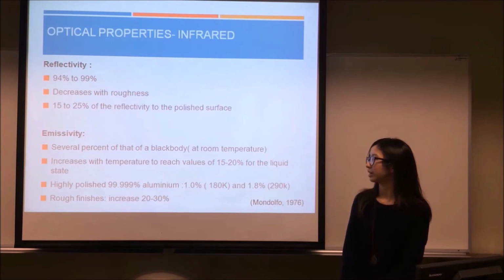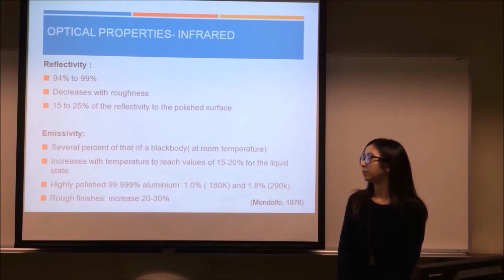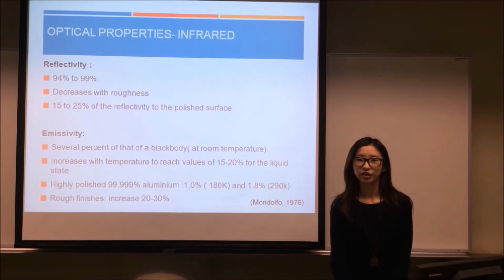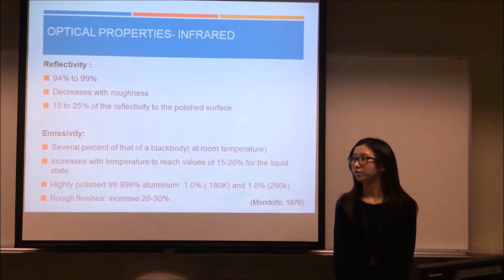For the liquid state, the highly polished 99.99% aluminium is recorded to have a reflectivity of 1% at 180 K and 1.8% at 290 K.